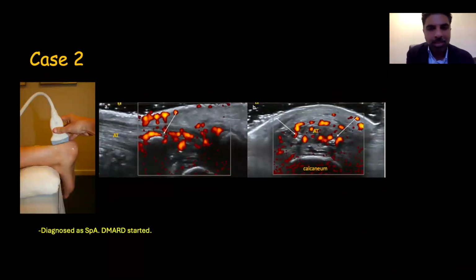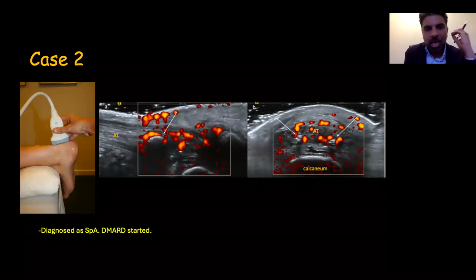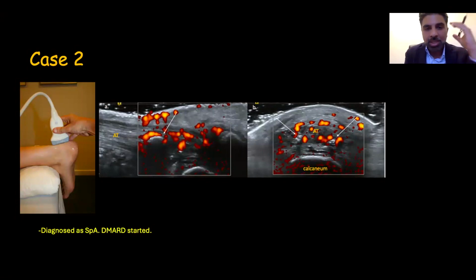She also has an ultrasound scan of her ankles, and what you can see here is lots of intense power Doppler activity localized within the Achilles tendon, both on long axis view but also on short axis view as well, which again indicates that there's lots of neovascularity within the Achilles tendon, indicating some sort of inflammatory process going on.